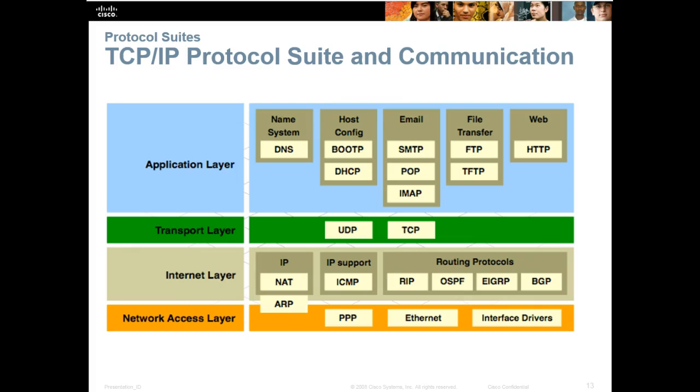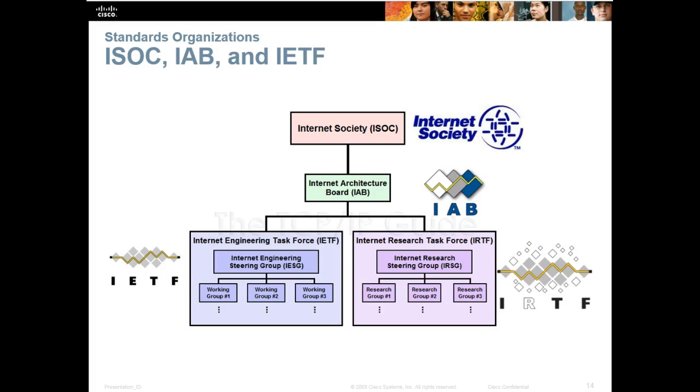UDP and TCP at the transport layer we'll be using all the time. And then the application layer, we have email programs, we have file transfer programs, we have the HTTP web programs, DHCP and DNS to help your computer get an address. So these protocols are always working whether we know it or not. The communication rules are in place for us to know.